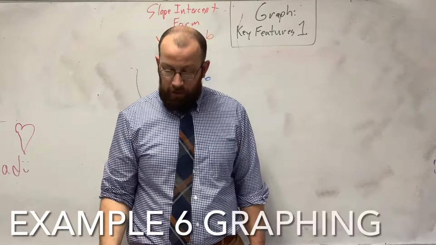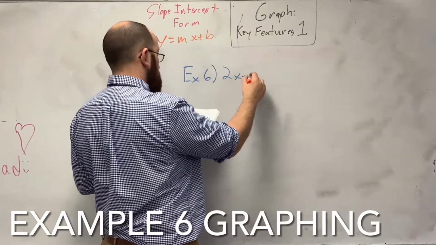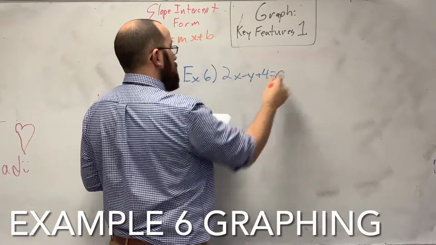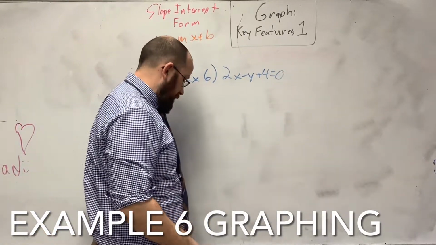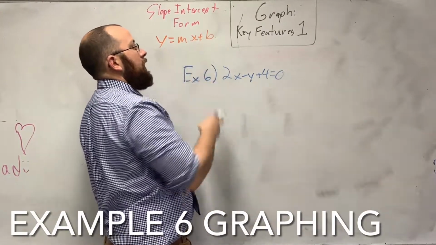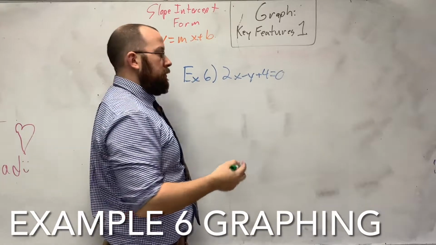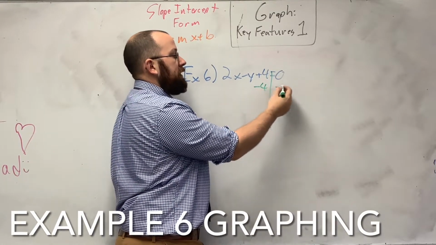All right, another example here. So we're going to do 2x minus y plus 4 equals 0. Now we can't graph this, and that's what we're going to do. We're going to solve and graph. To be able to graph it, it has to be in that format. Is it in that format? No. So I have to move everything but the y to the other side.